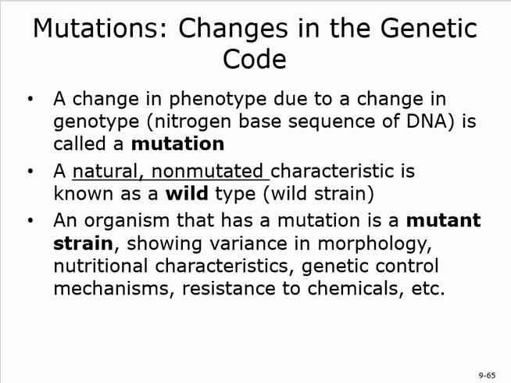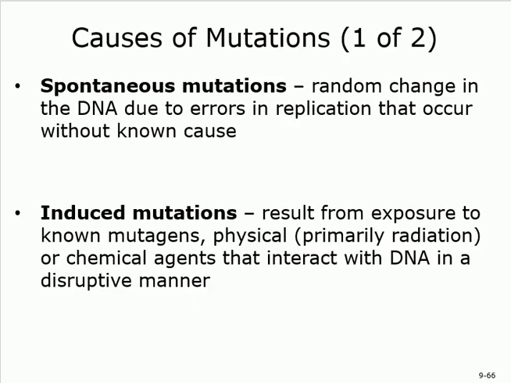And obviously the phenotype that will be produced because of that will be different according to the type of mutation. Mutation can happen spontaneously, but it can also be induced. What do you mean? Spontaneously, it just happens. You don't know why. It's random. Something happened during replication. You made a mistake, right? And it happened automatically by itself.